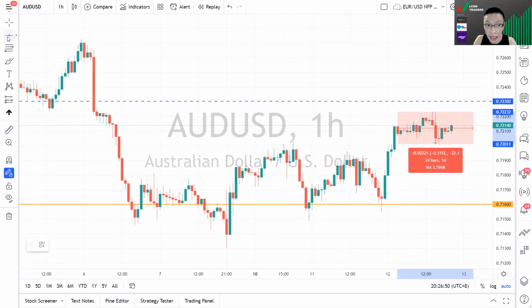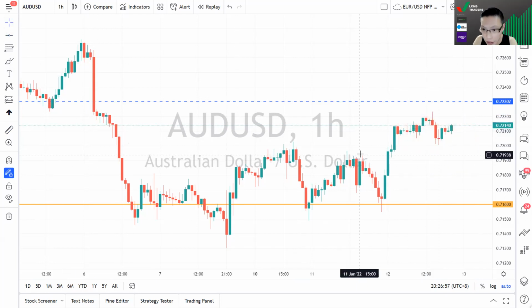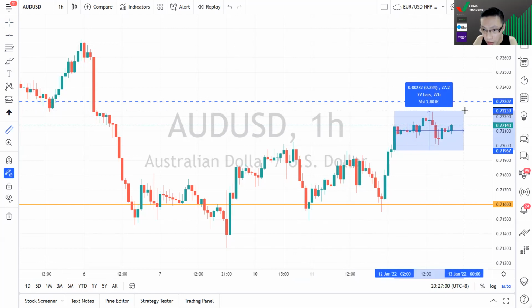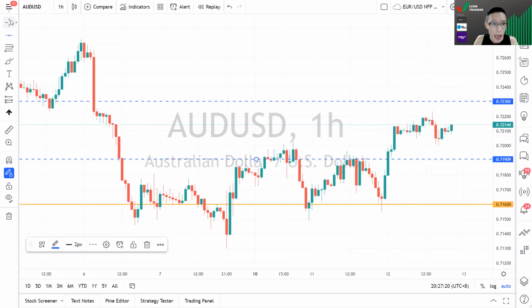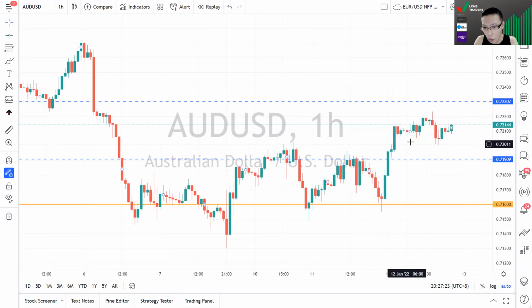At the same time, we place a sell stop order slightly below the bottom edge of the rectangle. The bottom of the rectangle, sorry, is 0.7196, so I will place it somewhere around 0.719, which is around here.